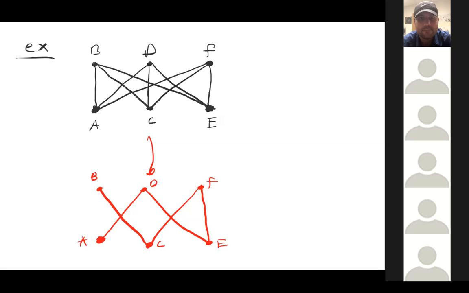You might be led to believe that this is a circuit, but it's not. Why not? Because this isn't a spot you can turn. That's not a vertice, even though it looks like it might be because they intersect. If I start at D, I can't get back to D. So that actually is a tree as well.